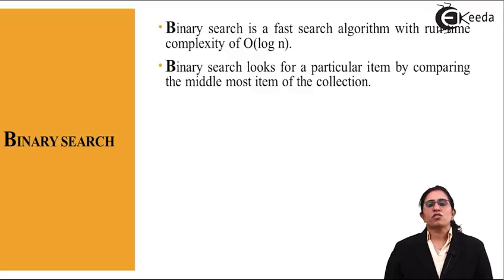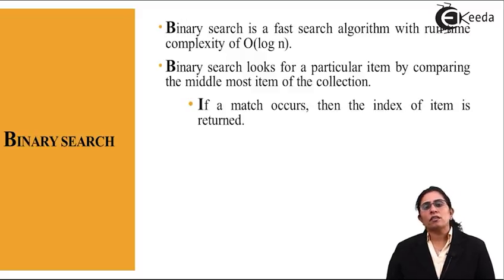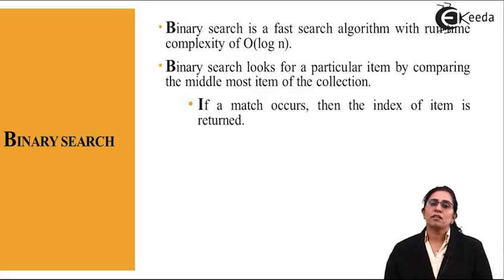So in the binary search technique, I find the middle element in the list and compare it with the element I need to search for, and then I recursively keep finding the middle and check whether my element is present or not. If a match occurs in the middle, then the index of that particular item is returned. That is, if my element is found in the middle, I return the middle index of my array list and say the element is found at this particular position.